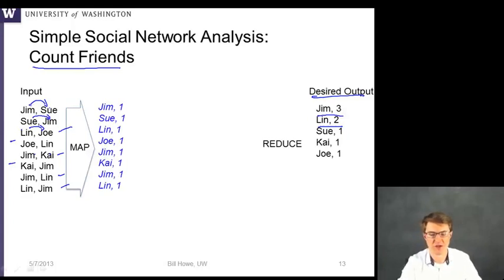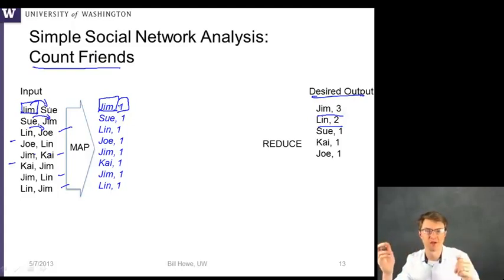Well, for every friend on the left-hand side, produce a key value pair where the key is the name of the person, and the value is just the number 1, indicating that we've encountered one friend associated with, say, Jim in this case.